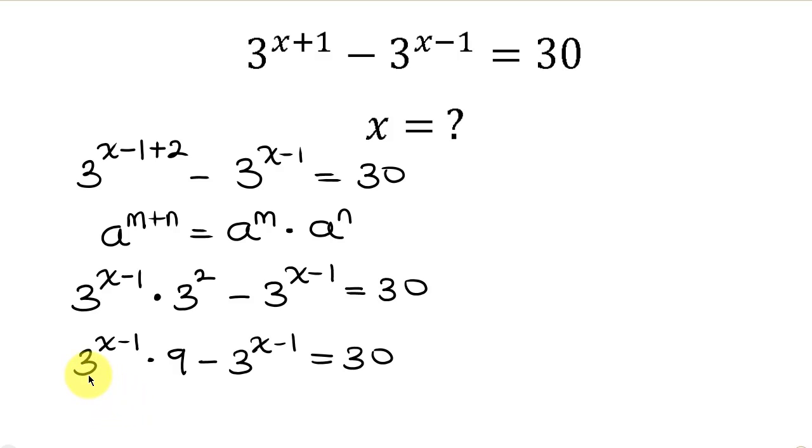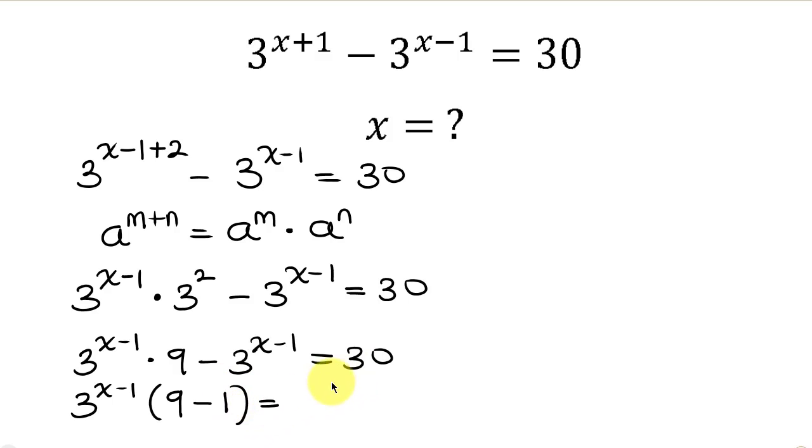Now notice that 3 to the x minus 1 is common. So we can factor 3 to the x minus 1 out, open bracket. Now 3 to the x minus 1 times 9 divided by 3 to the x minus 1, we have 9 minus 3 to the x minus 1 divided by 3 to the x minus 1 is 1.